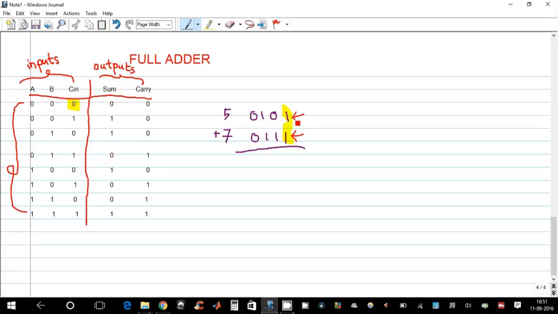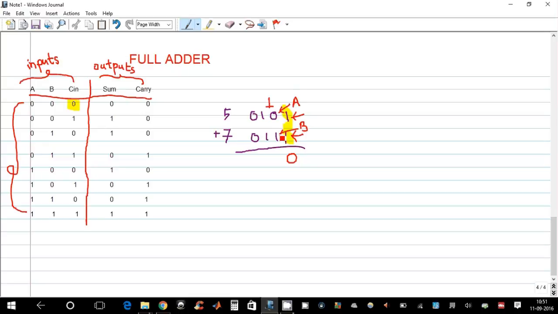But if you see the addition of these two, that is 1 plus 1 is 0, it is resulting in a carry of 1. So now we cannot employ the conventional half adder circuits which require only two inputs, that is A and B. Why?